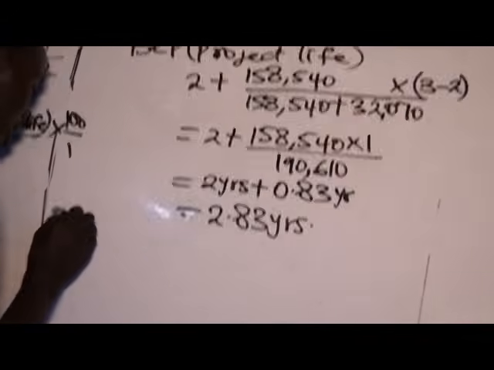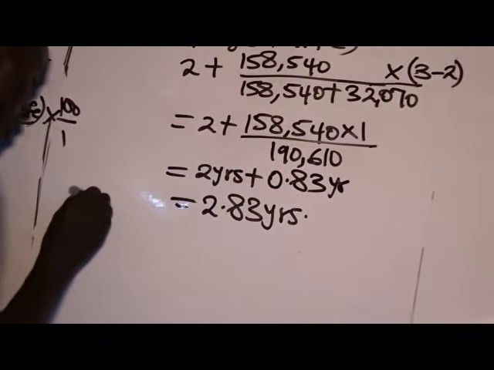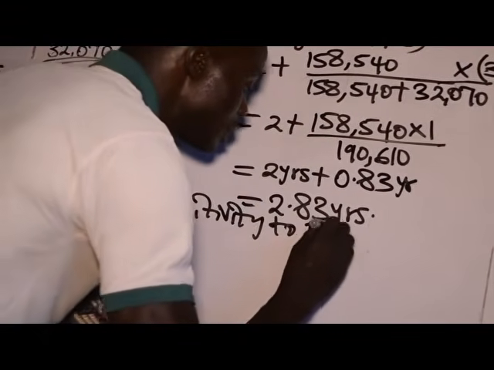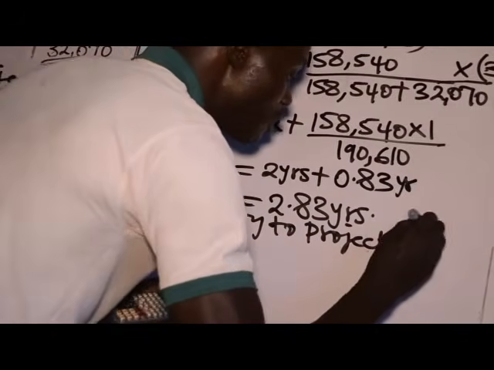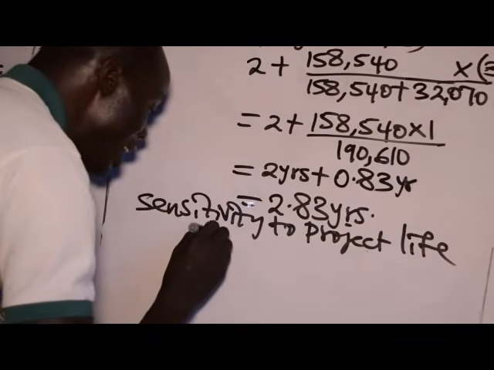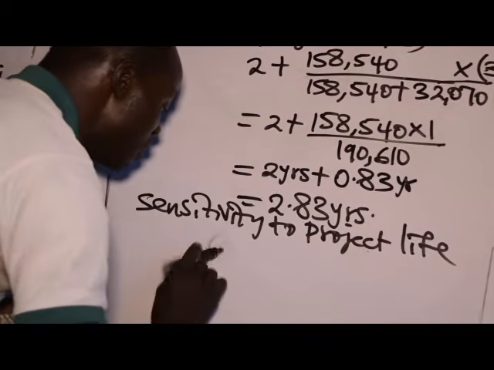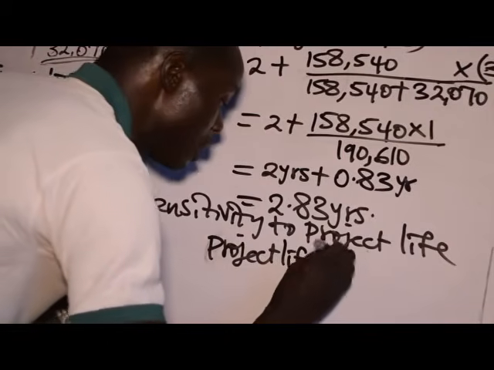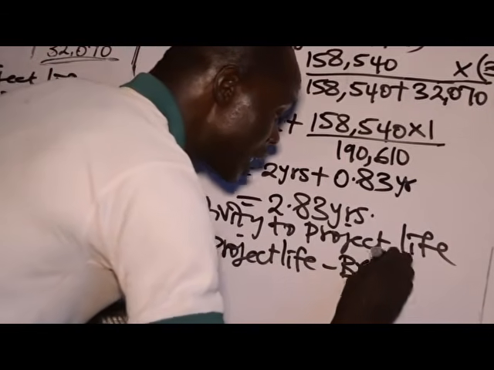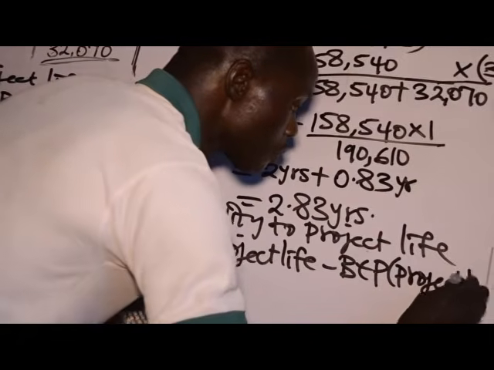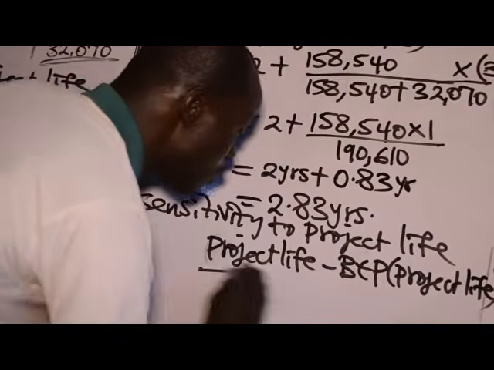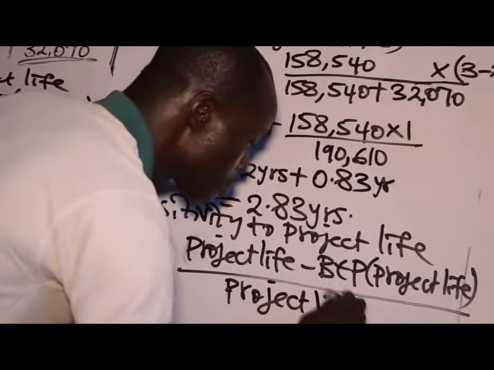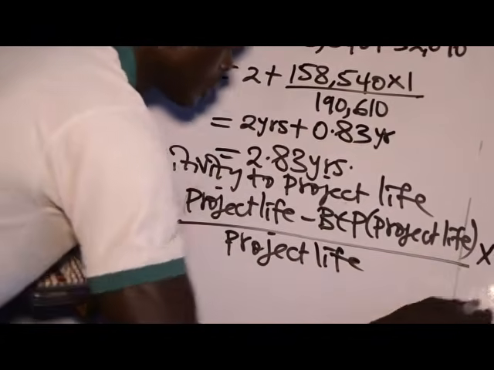Therefore, our sensitivity to project life, which is project life minus break-even point of project life, over project life, times 100.